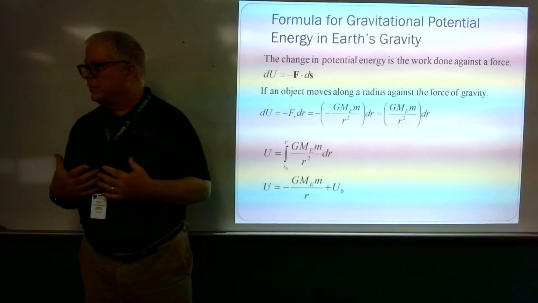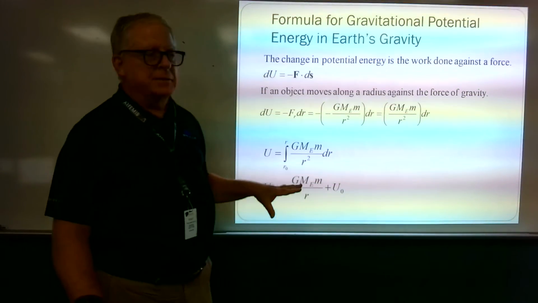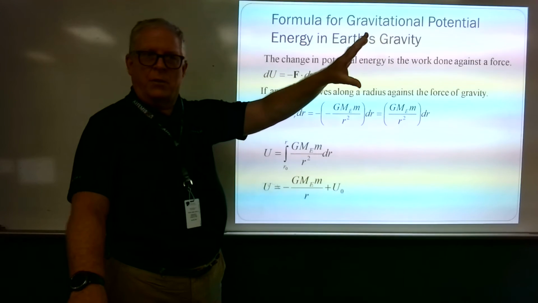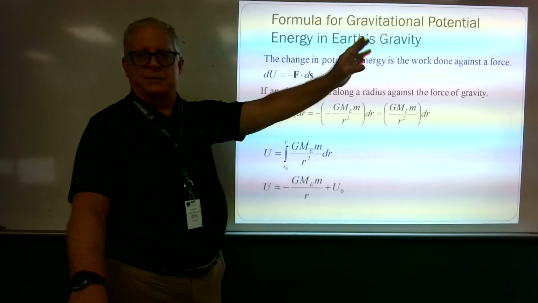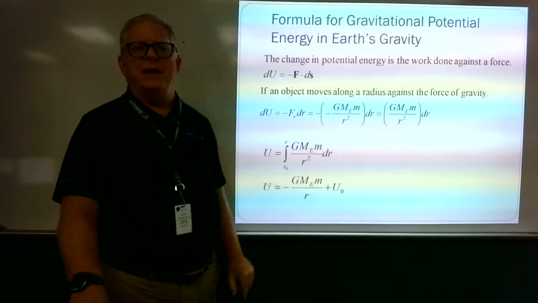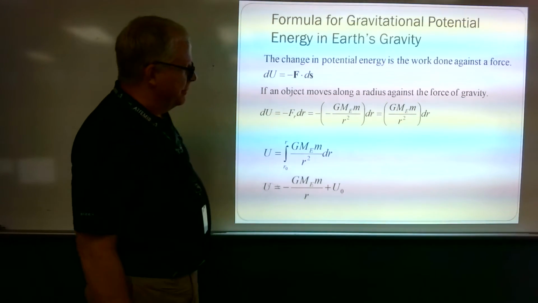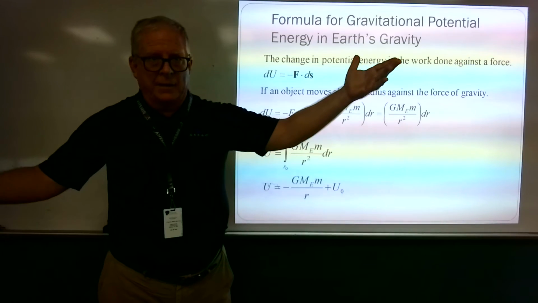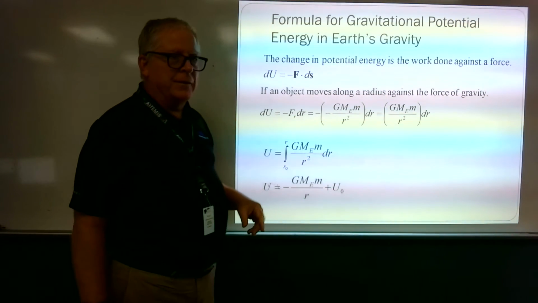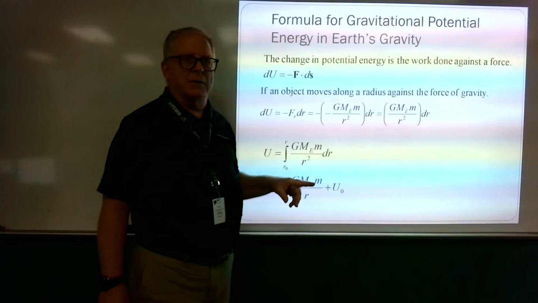Now the usual thing to do is to use this formula, but to say we're going to start at an infinite distance away, where the force of gravity is 0, and the potential energy should be 0 out there. That's where we're going to set the 0 potential energy, at an infinite distance away.